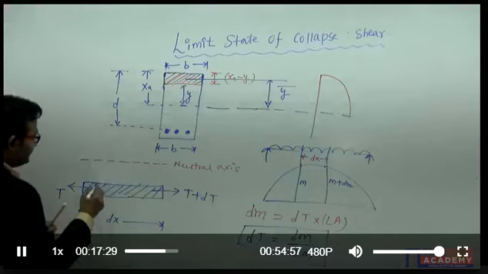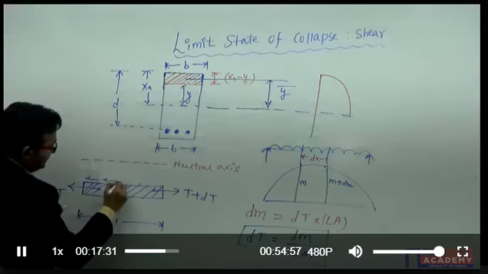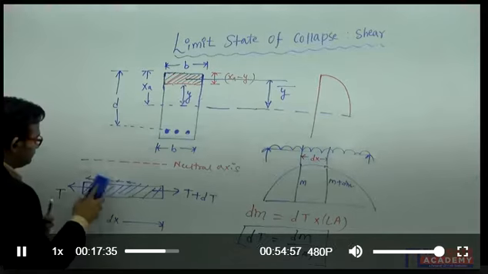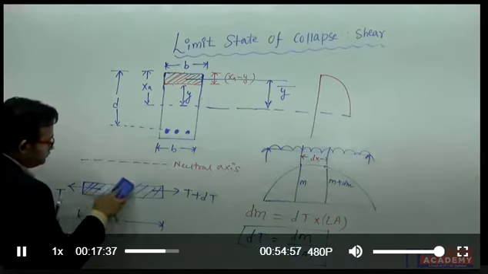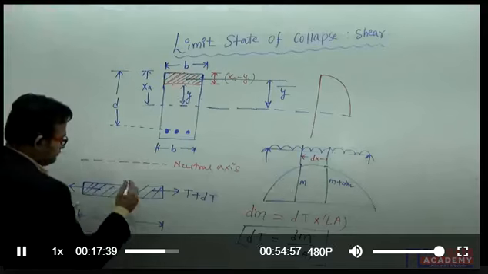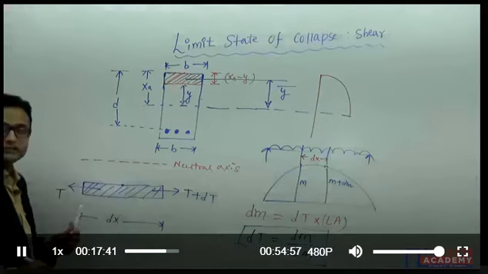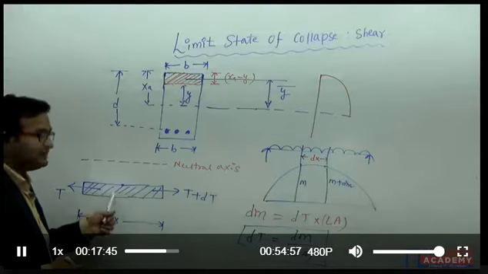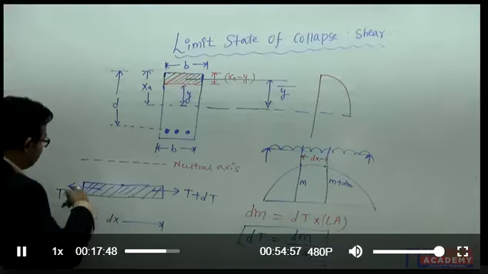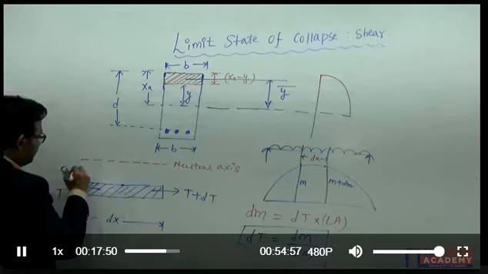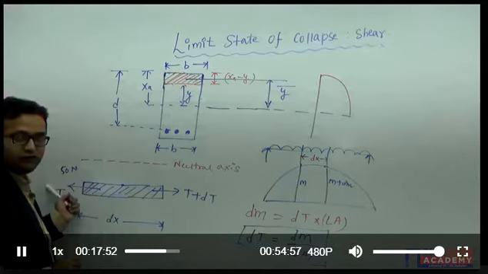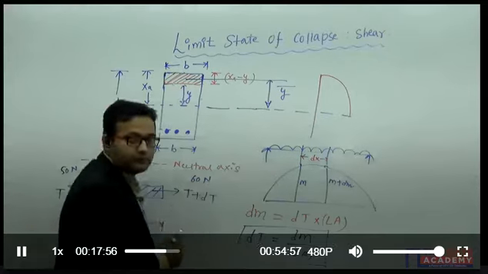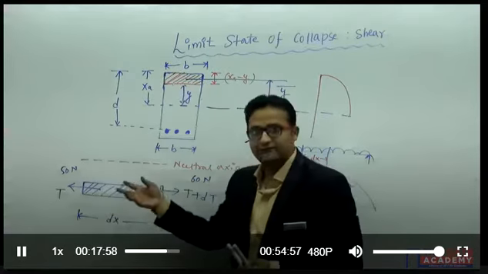So you can see here the forces are acting in this direction. Suppose I want to bring it into the equilibrium condition. So suppose the T is acting 50 Newton. For example, T is equal to 50 Newton and T plus dT is equal to 60 Newton. I am taking a random value.